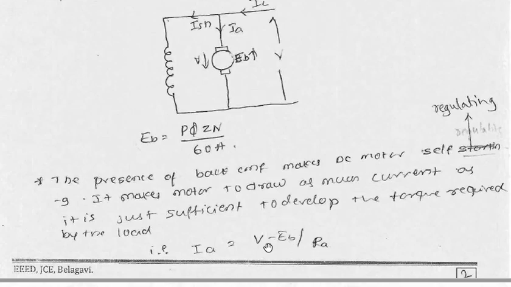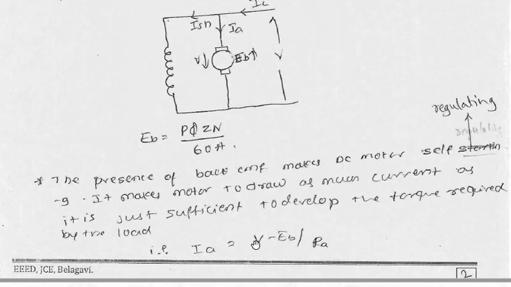Now initially when a motor is on no load, automatically its speed would be more. When the speed is more, the amount of flux cut by the conductor will increase. When the amount of flux cut by the conductor increases, the back EMF induced in the conductor will increase.